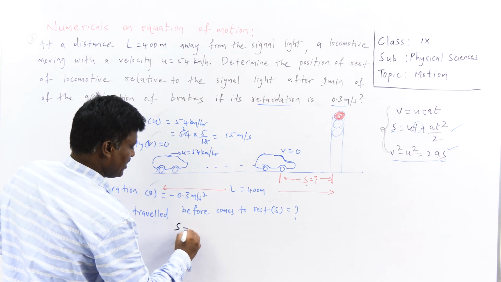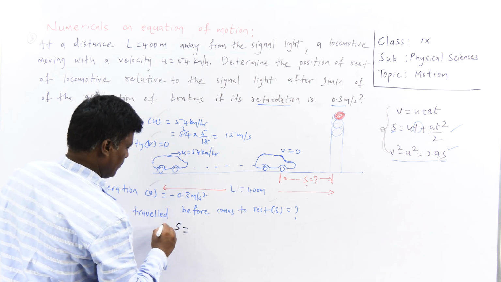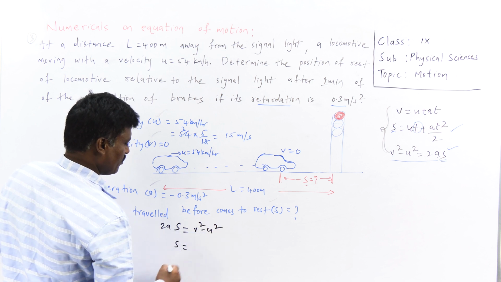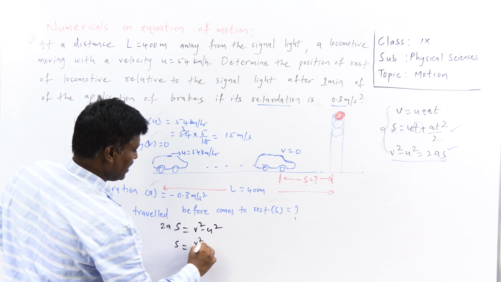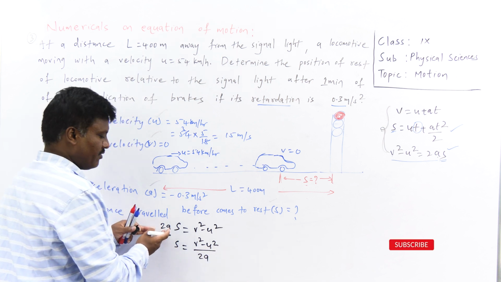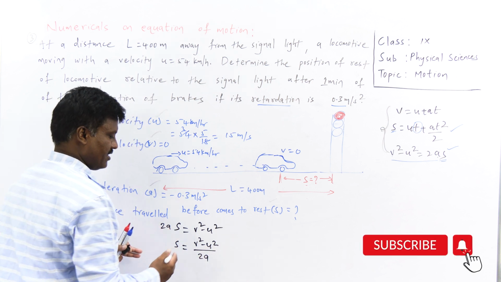Now s = (v² - u²)/2a, because I am taking the 2a from the RHS to the LHS.